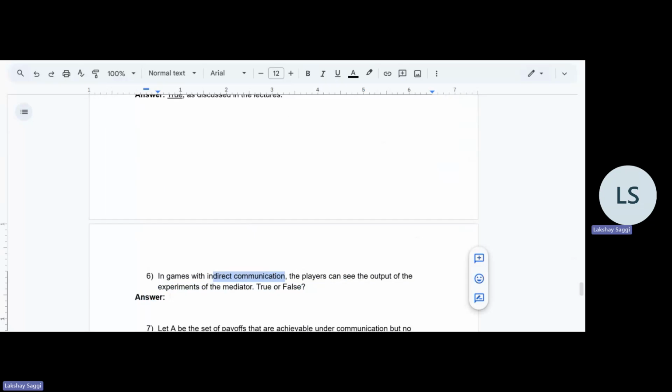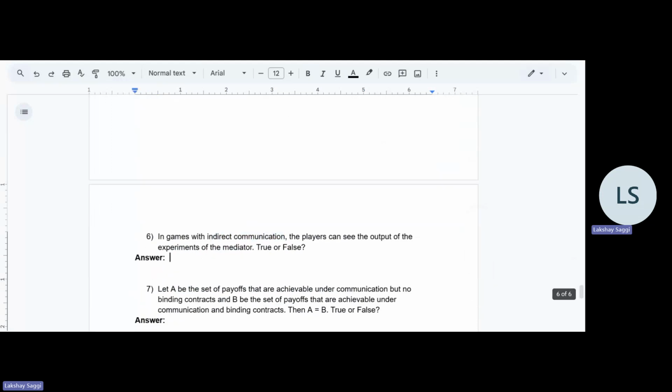The mediator is then no one, as the players can just see directly the outputs of the experiments itself, and then decide on their own the set of strategies which they want. This statement is precisely incorrect because indirect communication just means that the players can't see the outputs of the experiment and are just being told individually what they have to do. So it's false.